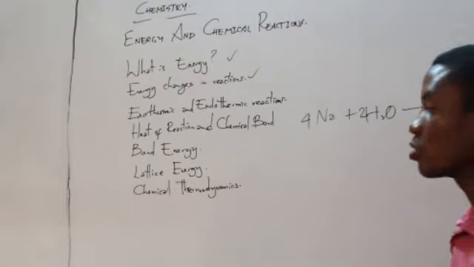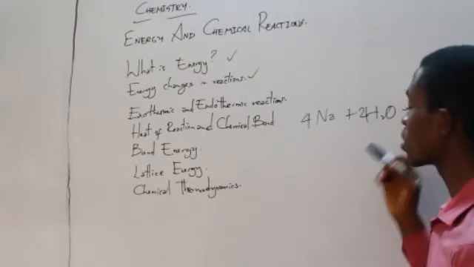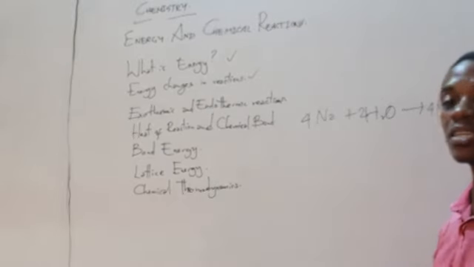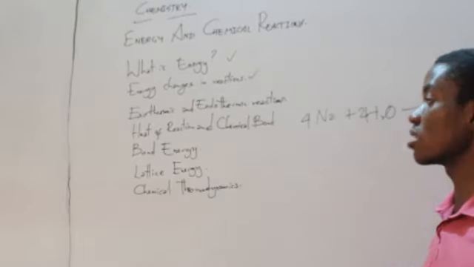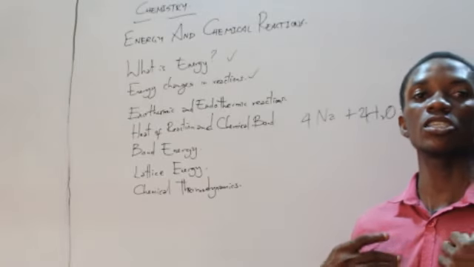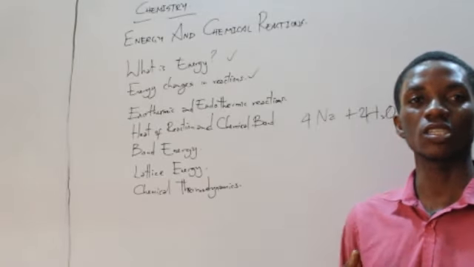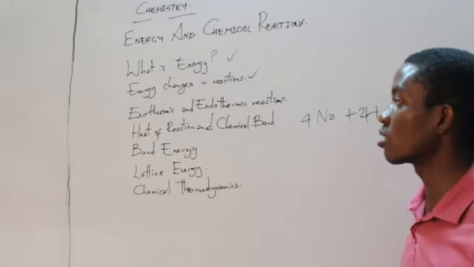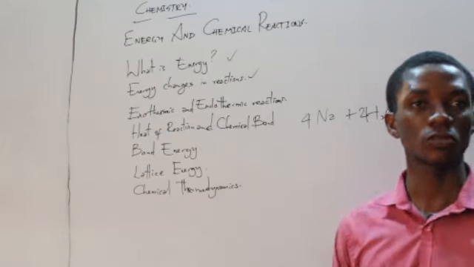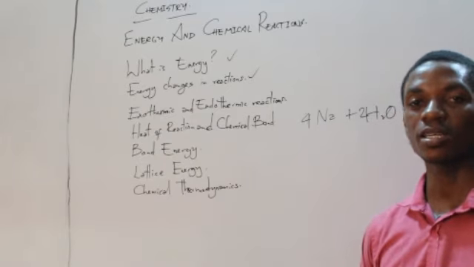So we have sodium hydroxide being produced. Now this particular reaction is accompanied by heat being given off, and when a particular reaction gives out more heat than it actually takes in, it is regarded as an exothermic reaction.